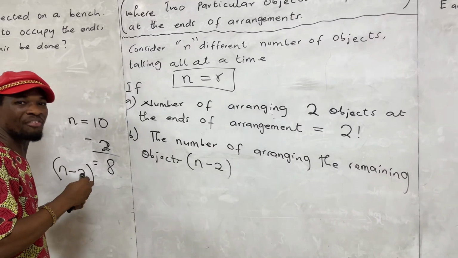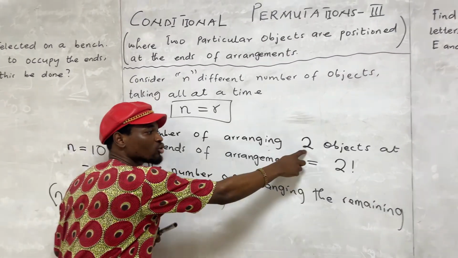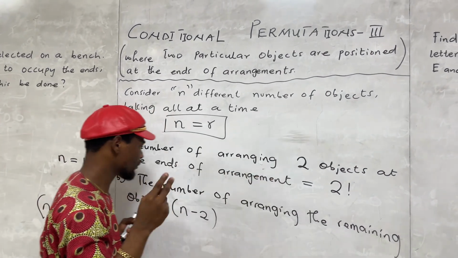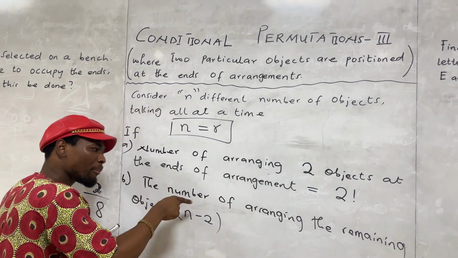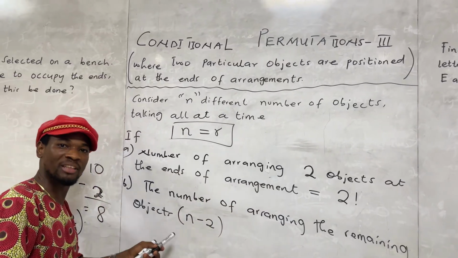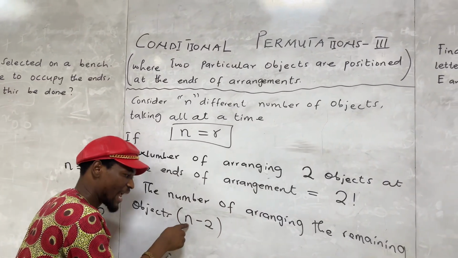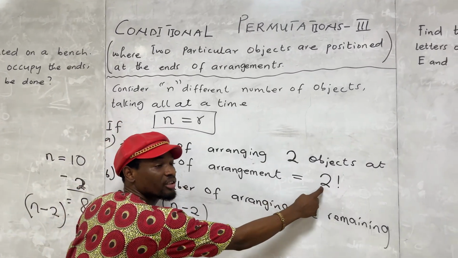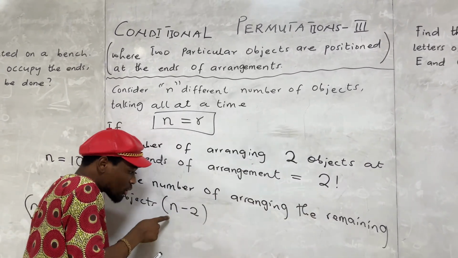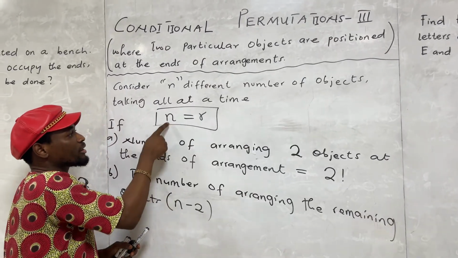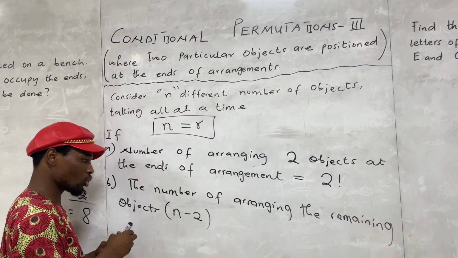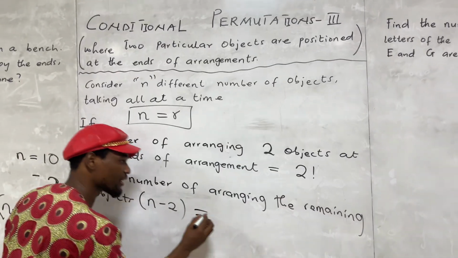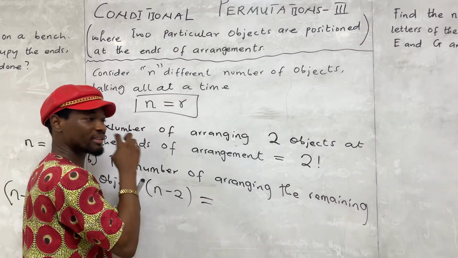So if I know the number of objects to position at the ends is equal to 2, I say the number of arranging the remaining objects is n minus 2. We just subtract this from the total number, which is the n.